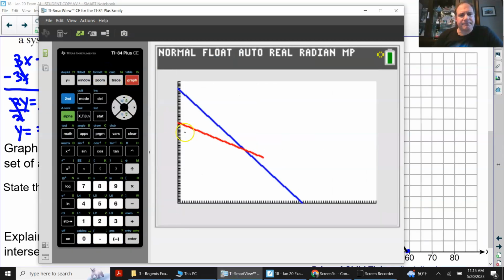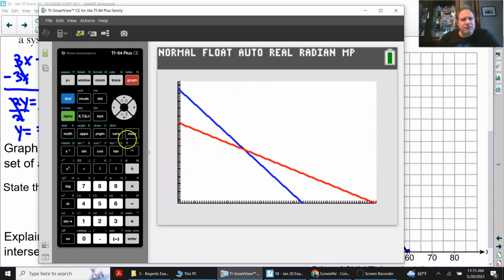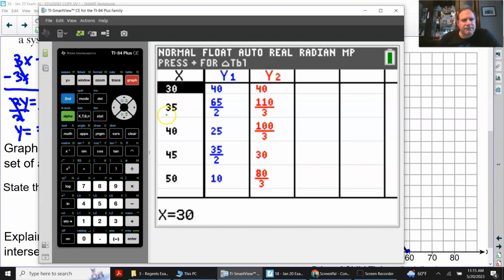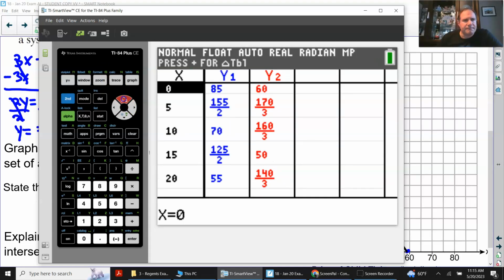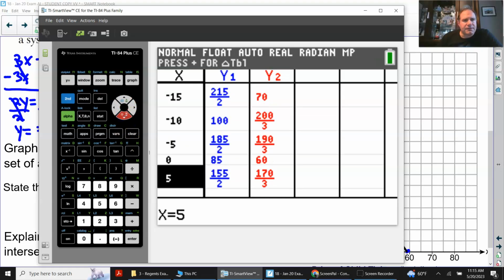And I'm going to graph. And you can see right now that my table, everything is already set. So I'm going to just make sure I go to 0. And I went right past there. So 0, 60, that's where it starts.